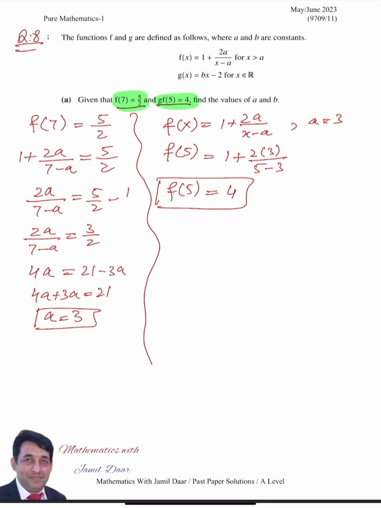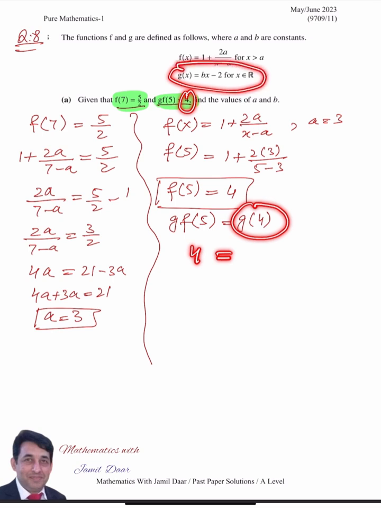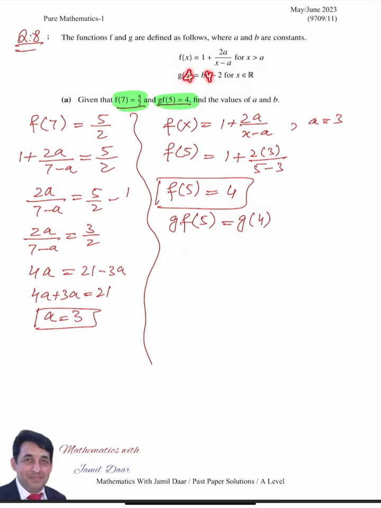But you need to find out gf of 5, and that is given to be 4. So we'll apply g function on both sides. This will become gf of 5 is equal to g of 4. And gf of 5, its value is given, that is 4. So we'll substitute 4 here, and for this we'll use this g function, and instead of x this will be 4.